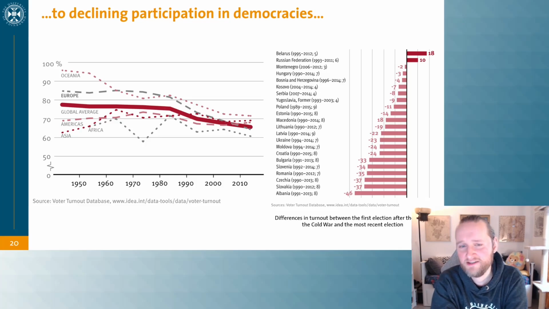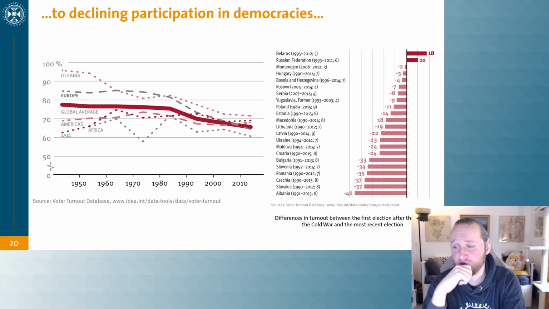Now you might say, okay, this has dropped from 78% to 68%. Is a 10% decline really that worrying? Maybe not, right? And we do see some countries where it's actually gone up very slightly. If you see Asia here, Asia starts in the low 60s and it ends up in the high 60s on the other side. But globally speaking, it seems participation in democracies is going down.